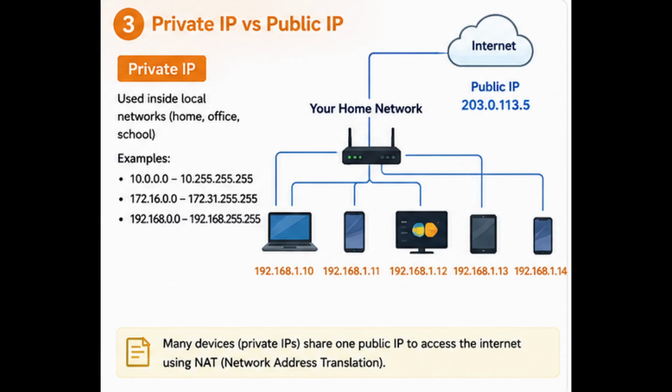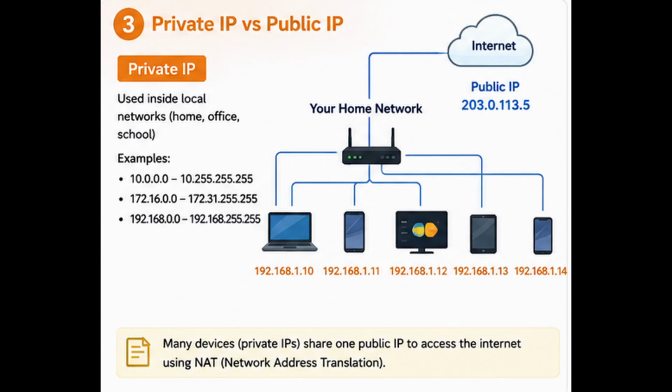Now let's understand another important concept: public IP and private IP. A private IP address is normally used inside a local network, such as your home, office, or school network.